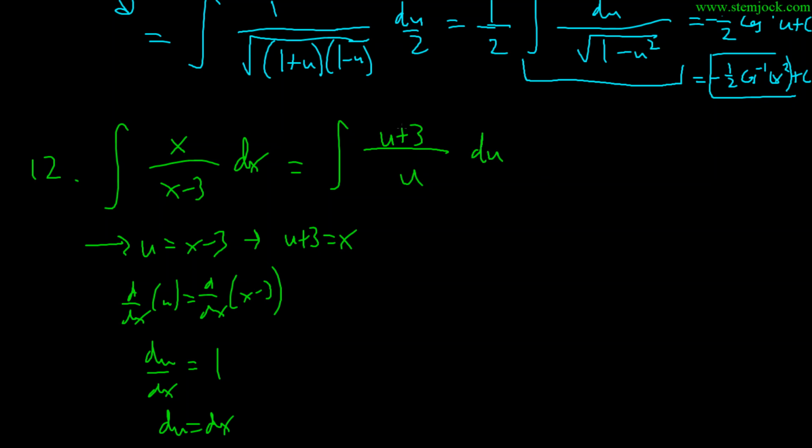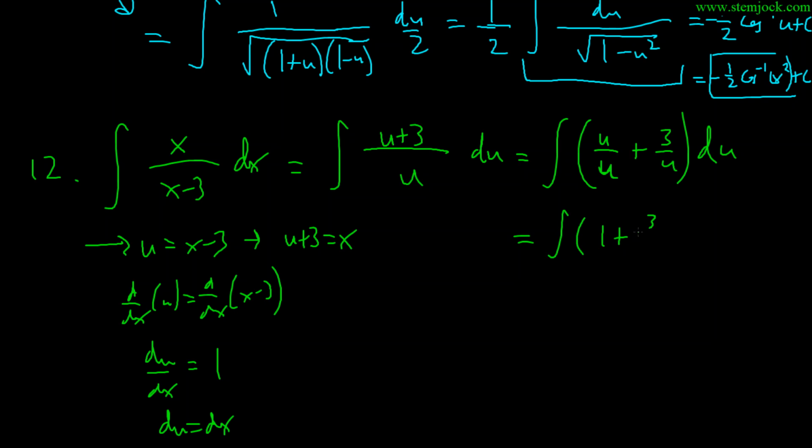Now the point of writing it like this is because we can actually simplify this fraction. This is u over u plus 3 over u. I can split up the fraction into 2. That's how addition of fractions works. So this here is the integral of 1 plus 3 over u.